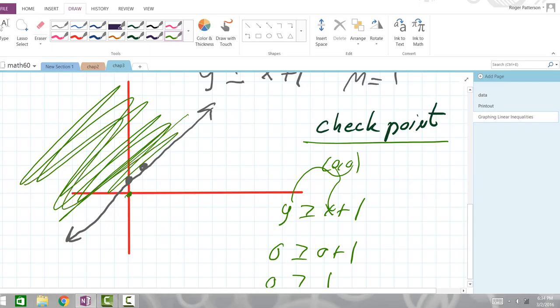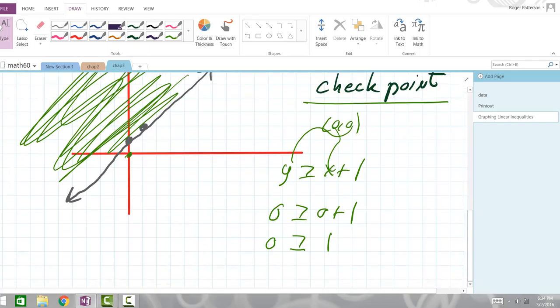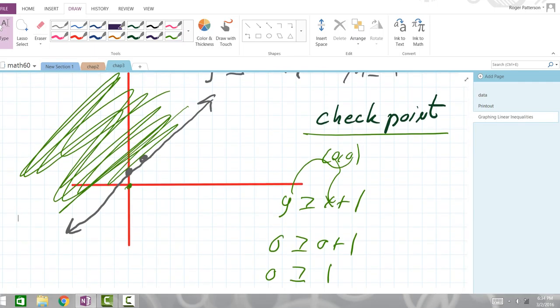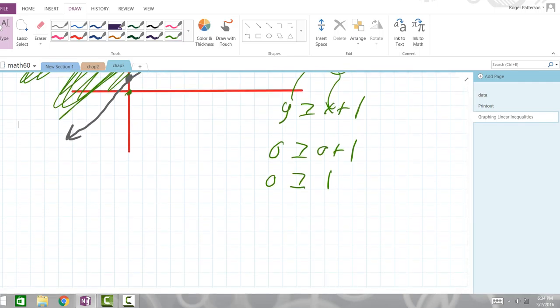So that's the side you would shade. That's called the checkpoint method. You pick a point on one side of the line, you plug it in, and check to see if it's true or false. If it's true, you shade that side. If it's false, you shade the other side. That's called the checkpoint way.